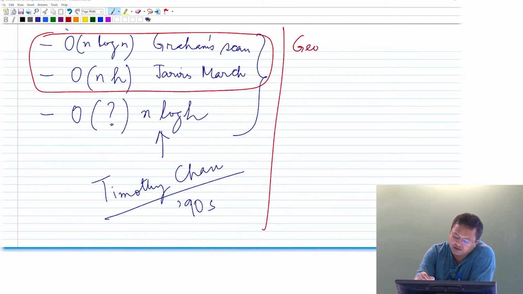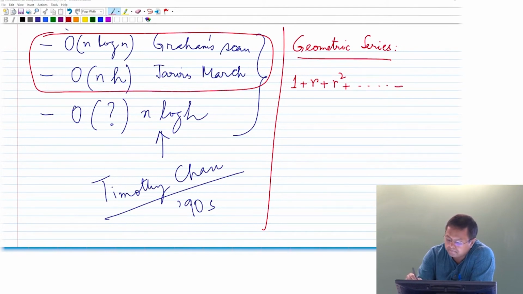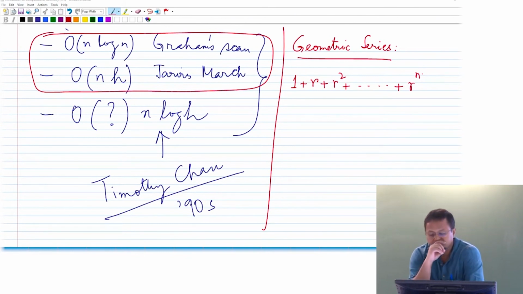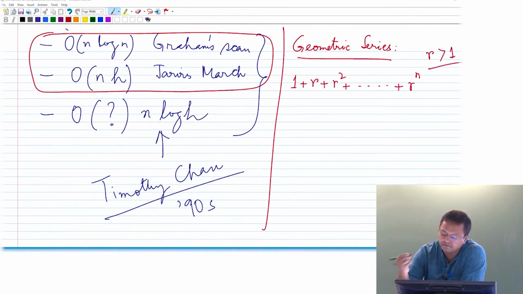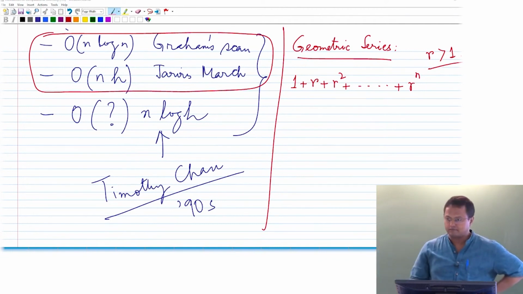Let us look at a geometric series, and assume your R is greater than 1. So, what is this sum?